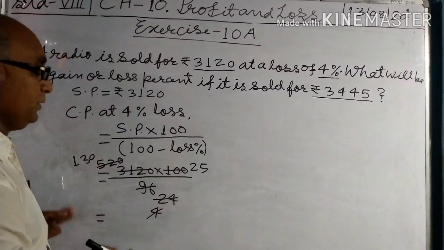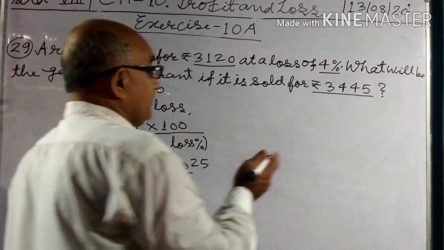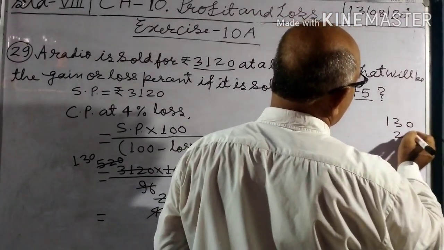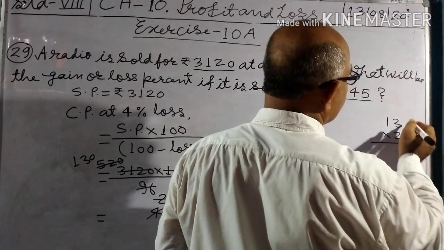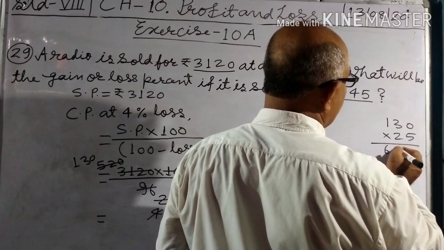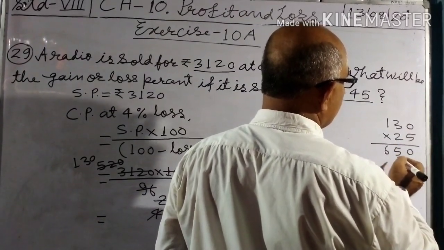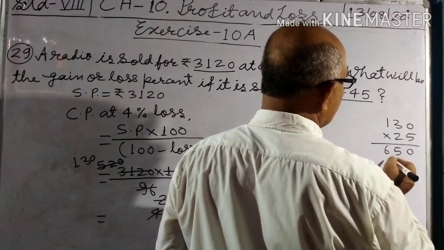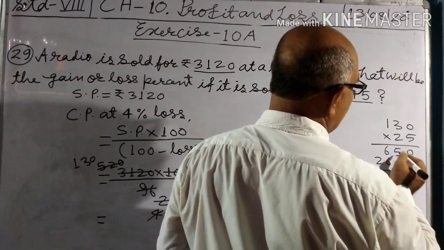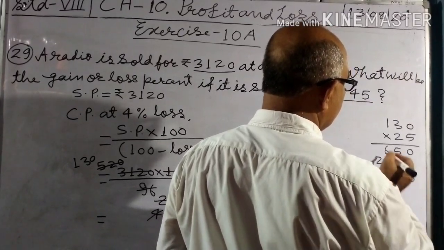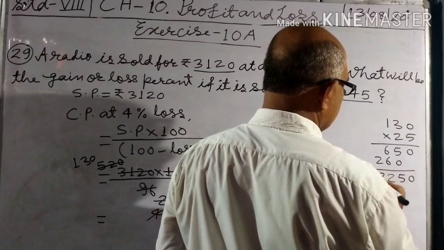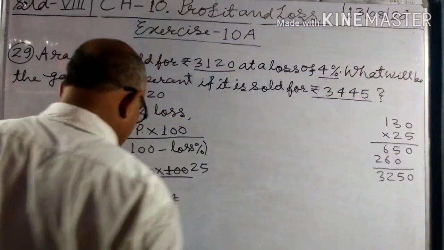Equals 25 into 130. Multiply it. 130 into 25: 0, 13 fives are 65, 0, 13 twos are 26, 0, 5. 3250.